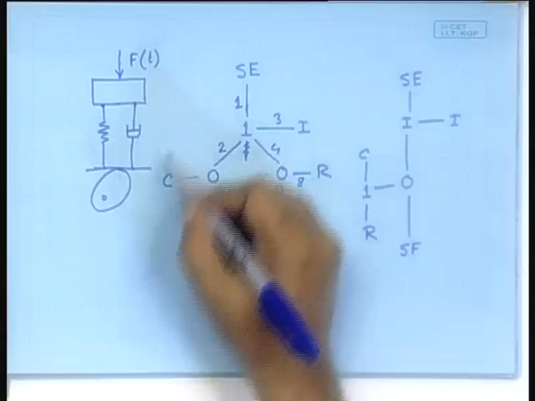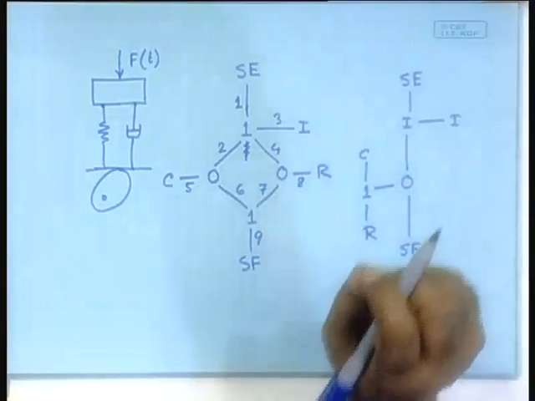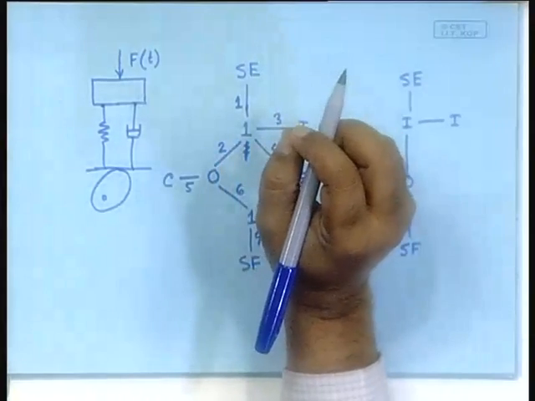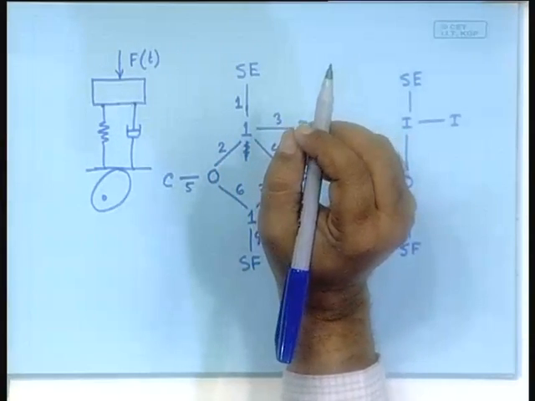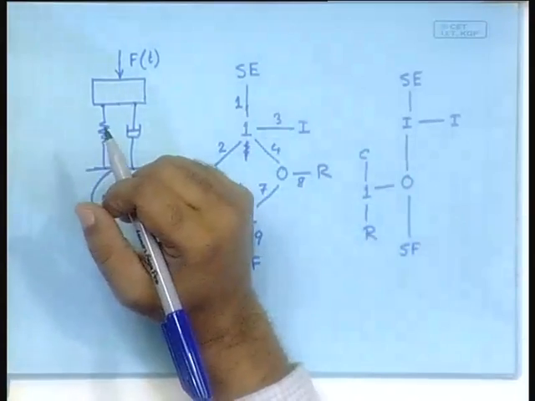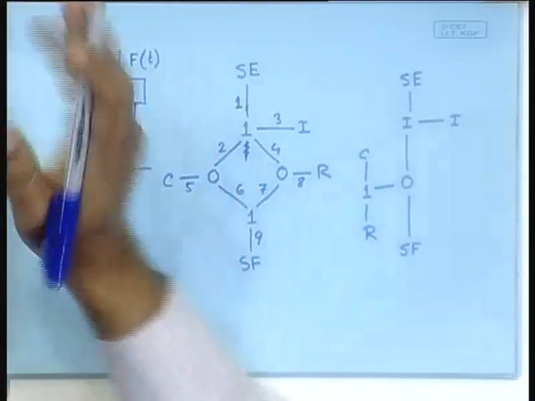Here also we will do the same thing. For every bond we will give an arrow, meaning that is the direction we consider as positive, but in this case positive direction of power flow, not individual effort of the flow.